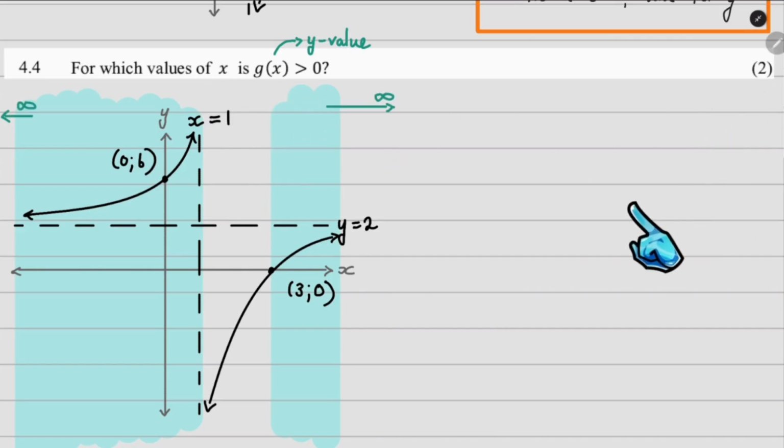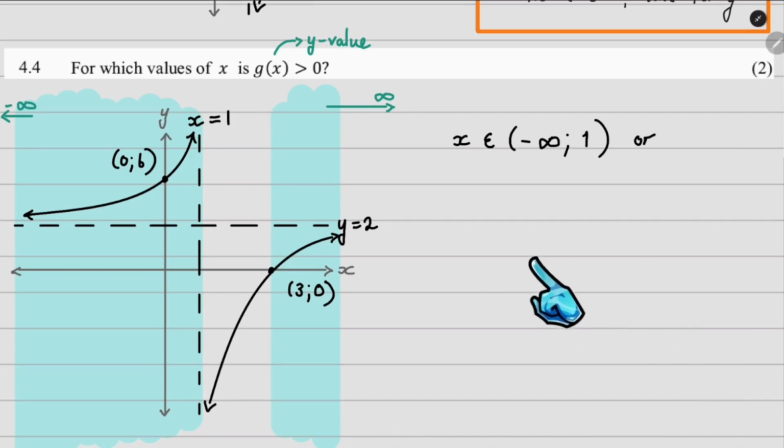So there's two ways which we can do this. I'm going to show you both ways. We can start at negative infinity and end at 1. And then how you write that is you say x is an element that starts at negative infinity. You always use circular brackets for negative infinity because it never includes infinities.